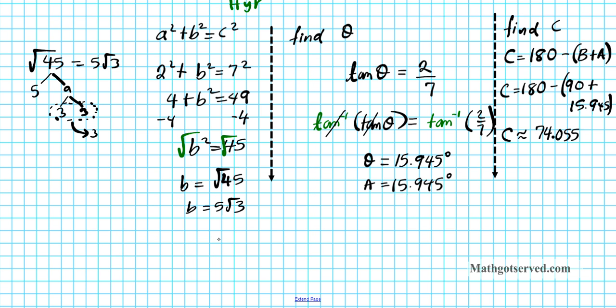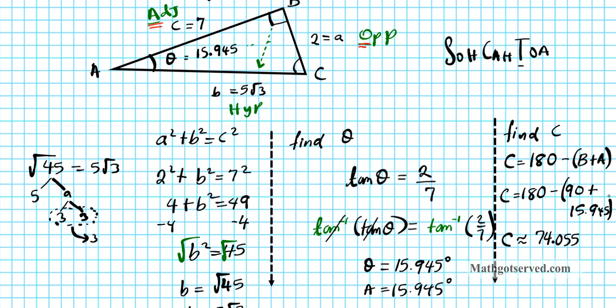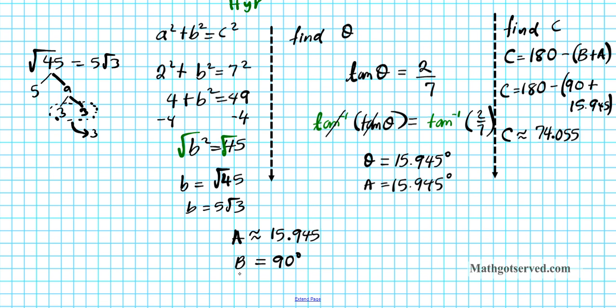Okay, so to show that we solved for the triangle, we have to list all our measures. Alright, so our solution is going to be big A is approximately 15.945. Big B, we know is equal to 90 degrees because it's provided for us in the triangle. Big B is 90 degrees. Big C is approximately 74.055.